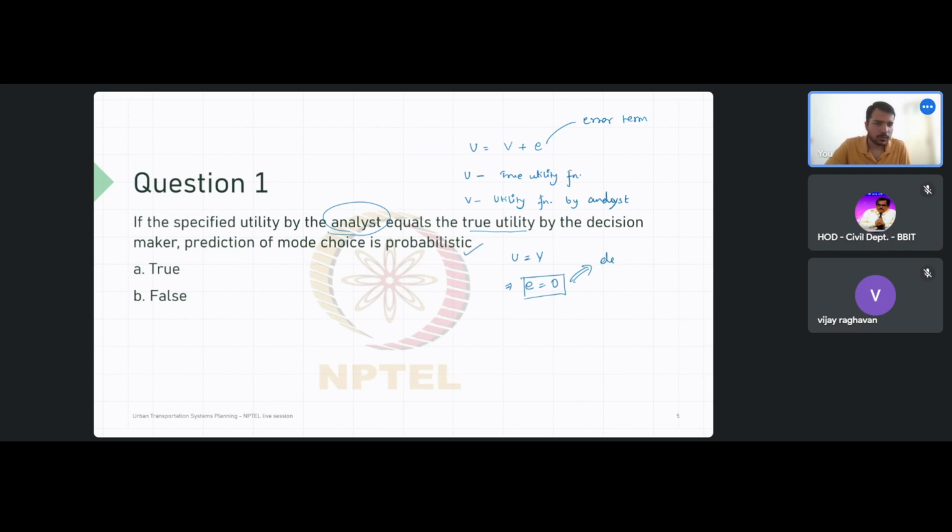It will be deterministic because we don't have any error, so we can say with accuracy what the mode choice will be. But since we are saying that the choice is probabilistic, we need to have an error term. If this case is satisfied, the choice will be deterministic. So we choose the second statement, which is false.